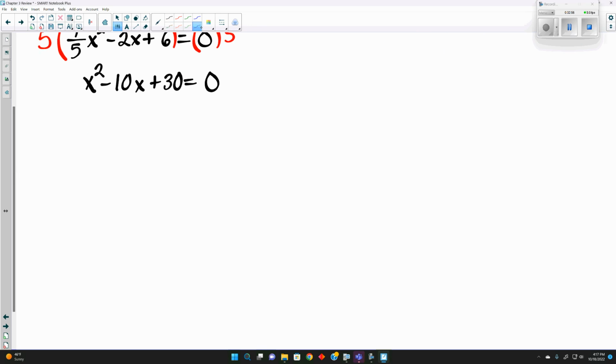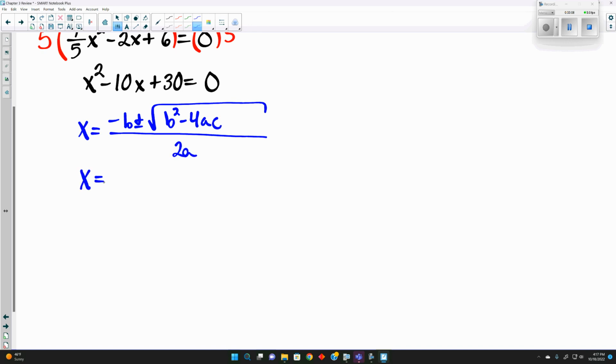Now at this point here, we can use the quadratic formula. X is equal to -b plus or minus the square root of b squared minus 4ac all over 2a. And again, this is referring back to ax squared plus bx plus c. Now a, b, and c, none of these will have a variable.